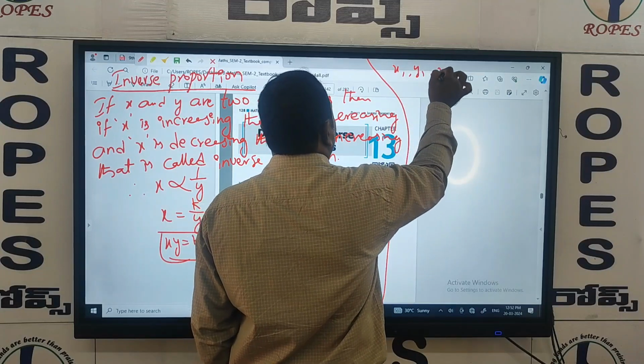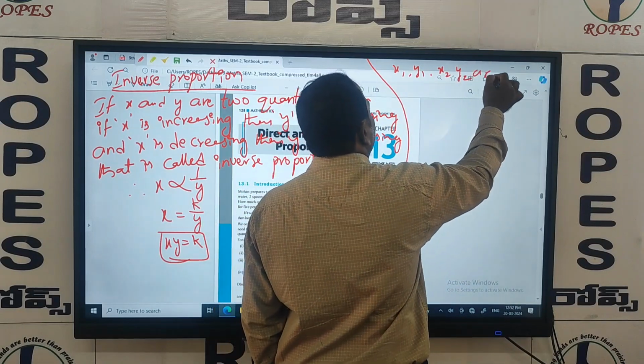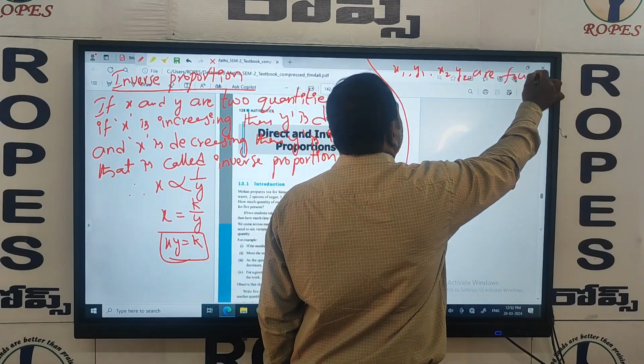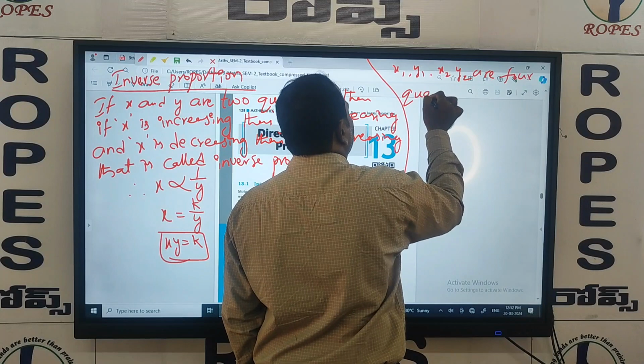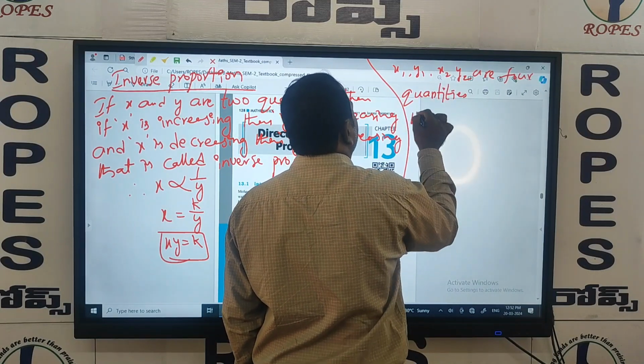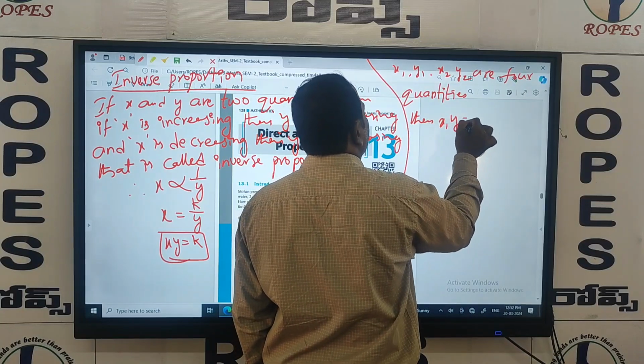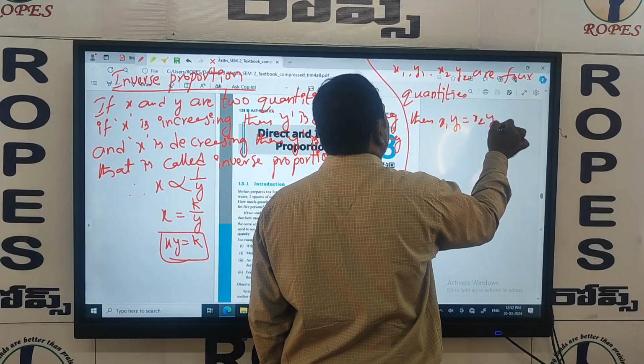If we take x1, y1 and x2, y2 as four quantities, then x1 y1 is equal to x2 y2.